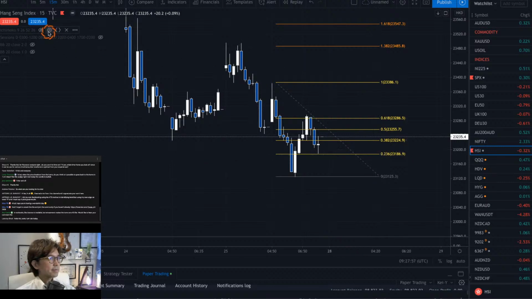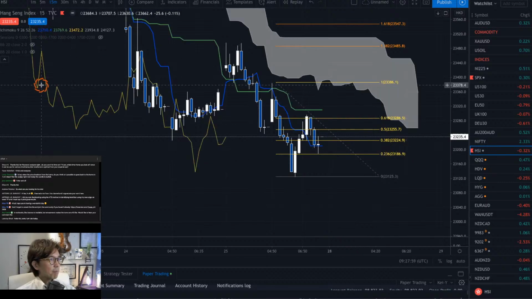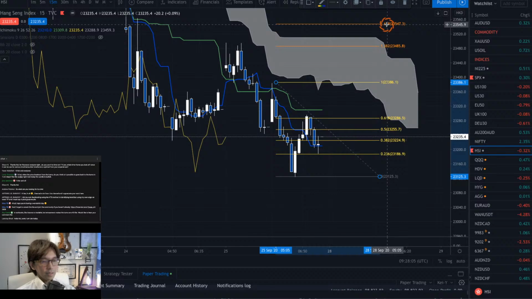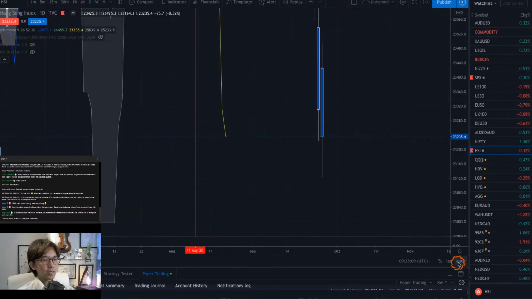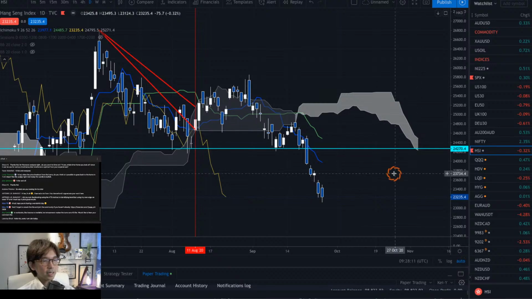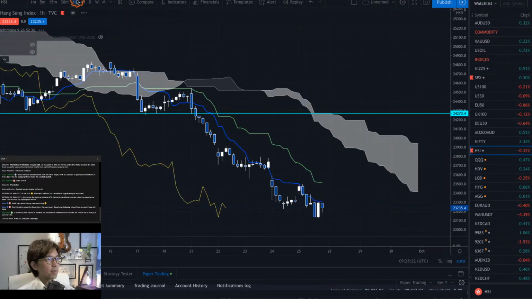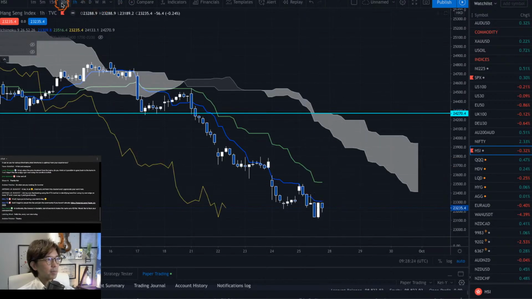So once again, I look at the Ichimoku in higher time frames. In this case, I took a daily chart where the Kumo is moving down, Kijun Sen down. So I follow this daily chart downtrend, and then I confirmed this downtrend in the 30-minute chart.